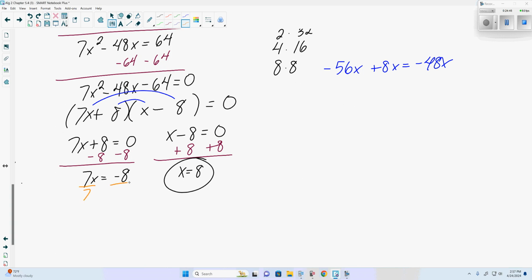Then we would divide by 7, telling us x is equal to negative 8 sevenths. And the reason I was saying negative 1 and negative 2 is because negative 8/7 is less than negative 1, so it is between negative 1 and negative 2. So where it crosses the x-axis is between those two values of x. But these are our two solutions. Questions on this here?